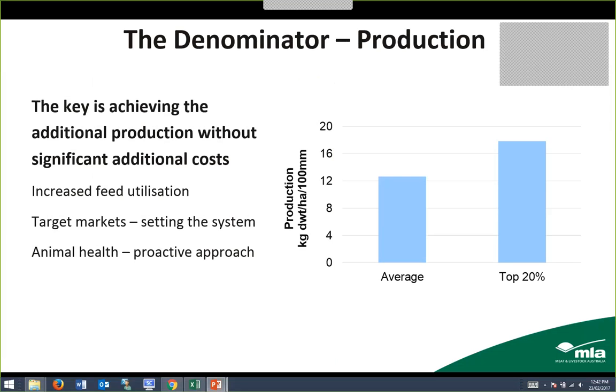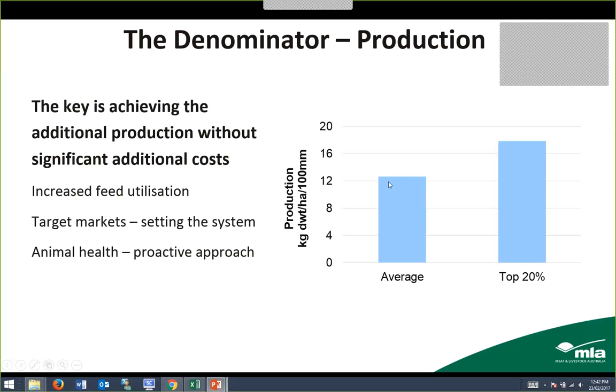So my take, I think the evidence is really suggesting that the key issue that differentiates the average from the top 20%, and the reason I'm bringing this point up is that it's just an easy way of demonstrating what the difference is and how you can drive a lower cost of production, is that it's all about production.